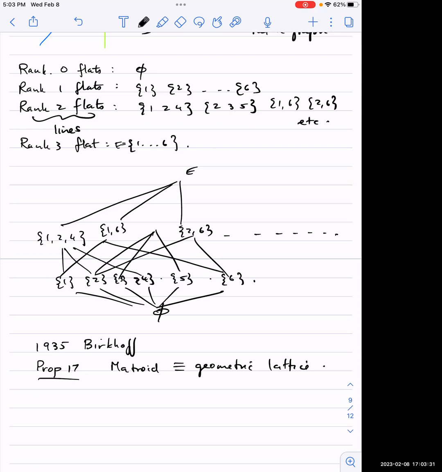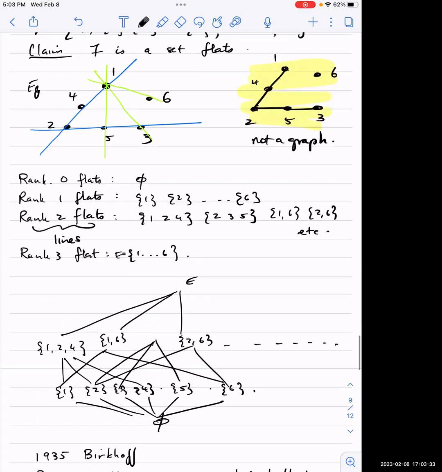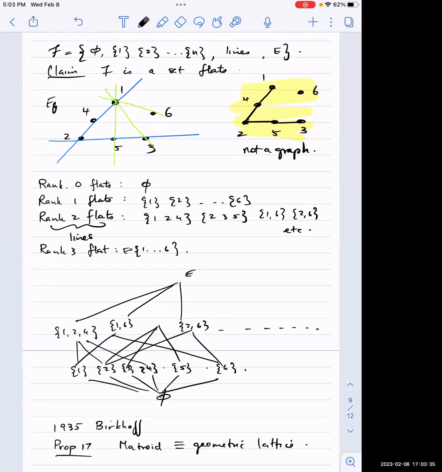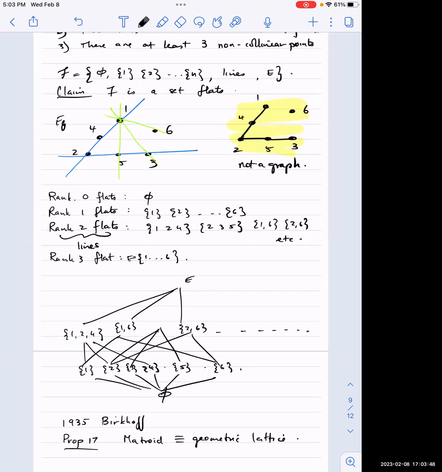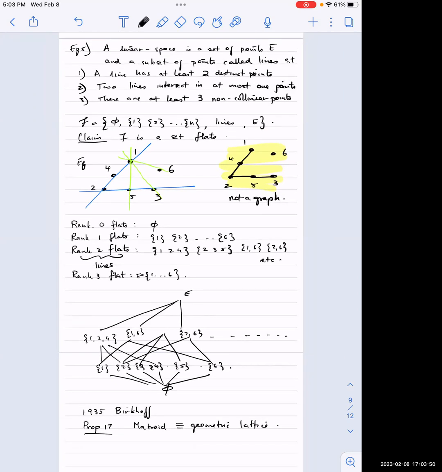In rank 3, we can draw these nice pictures on the plane. Rank 4, we have some pictures that we can draw, but this is limited. But then you can just do this for any rank. In that sense, matroids is an older topic than 1935.